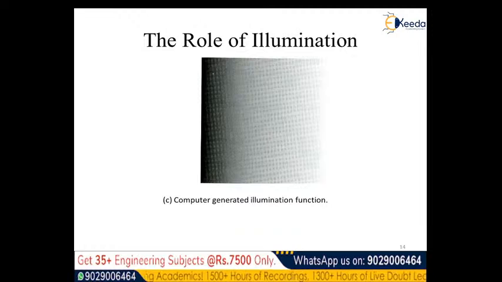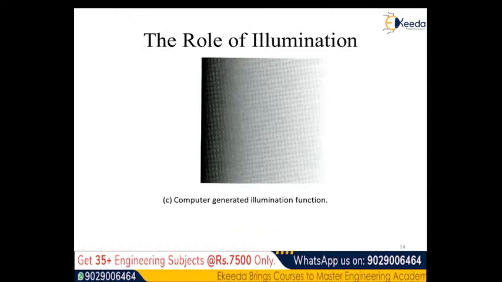Now let us consider the effect of such an illumination function on the reflectance function, because the reflectance function is more important to us, as it is the energy captured by our imaging sensor and supposed to be recorded, and the illumination function is going to affect that particular energy.